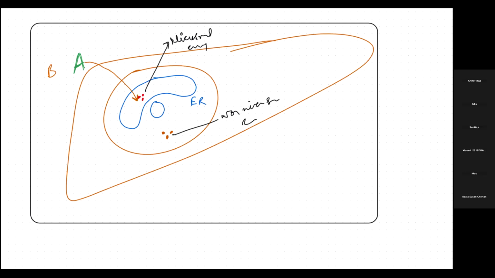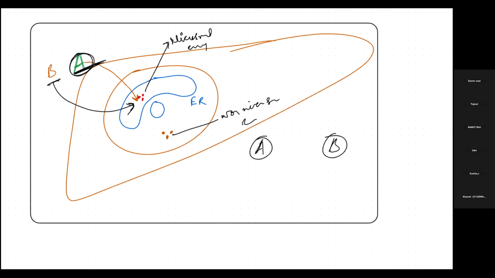But what if B deactivates it, and now you are giving A also, and this A can be metabolized only by the microsomal enzyme and not the non-microsomal enzyme? Then what will happen? Because B has deactivated it, A can't be metabolized, so A will remain in the body itself. So while choosing drugs, let's suppose your patient said, oh, I have fever, I have pain, I have diarrhea.